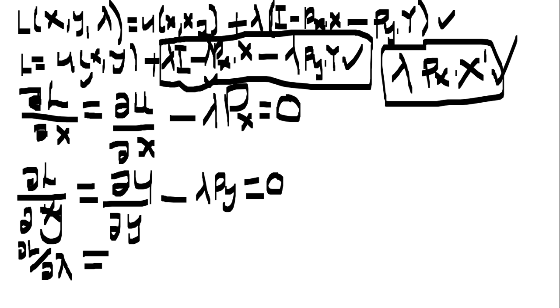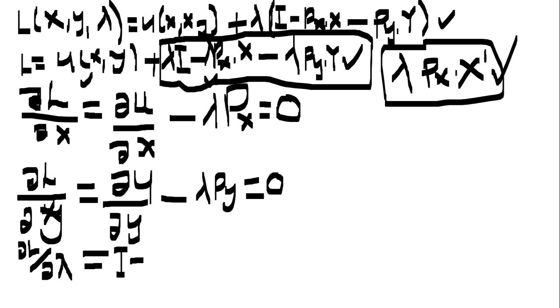We have lambda there, we've got lambda here, we also have lambda there. Since we have lambda I, when we differentiate this with respect to lambda, we're just going to remain with I.